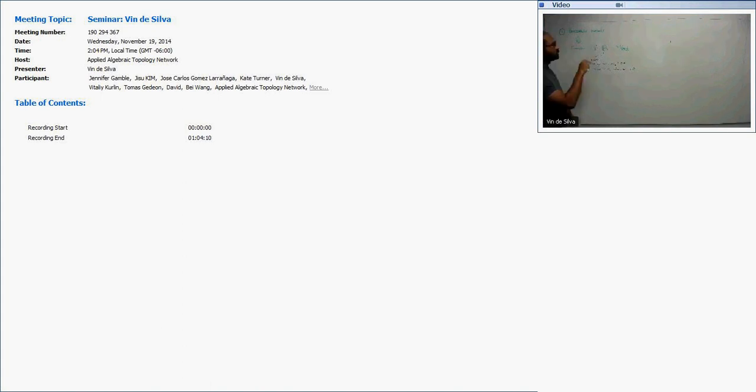Right? And a persistence module is exactly a functor, because every object of R, let's say the object T of R, gives rise to an object VT of Vect, the category of vector spaces, and every arrow gives rise to a morphism or a linear map.